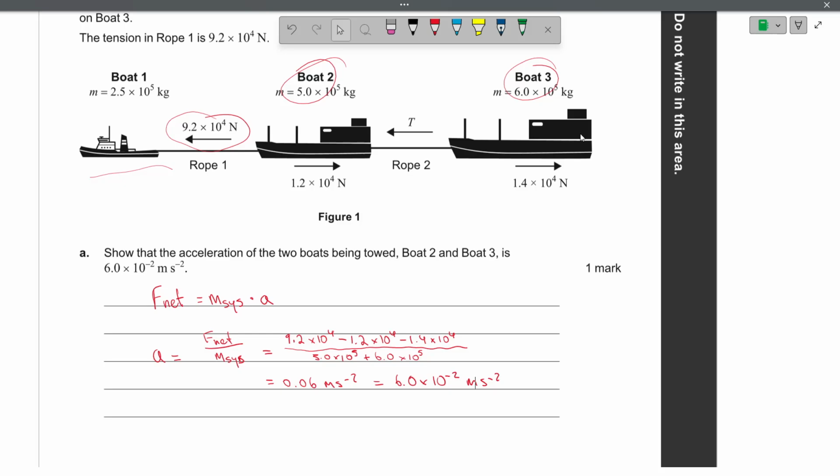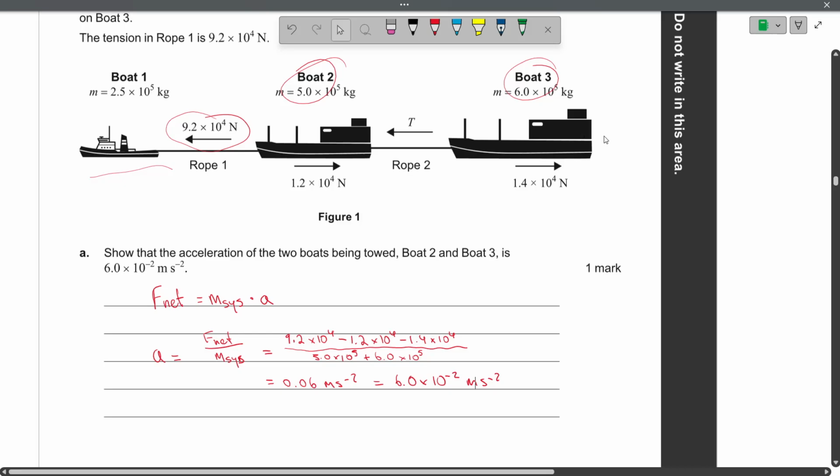Everything's going to be internalized in your head. Everything's going to be done at a much quicker pace when you're in the exam. So don't get too bogged down on the length of time I'm spending on each question. Again, as a guide, per mark you should be spending about a minute, maybe a little bit more than a minute for those questions, okay?